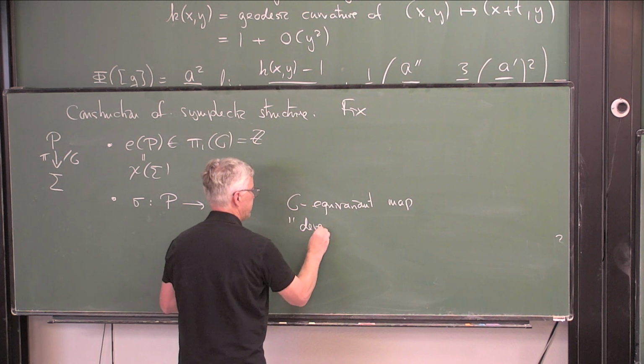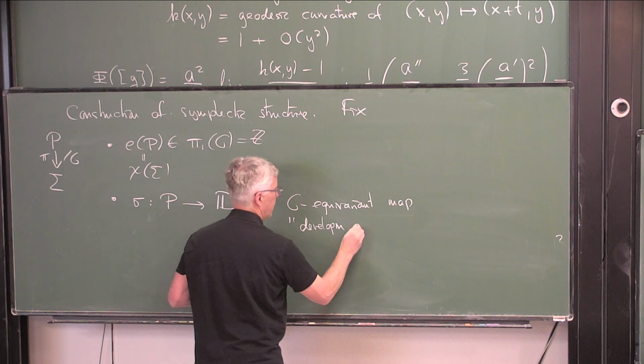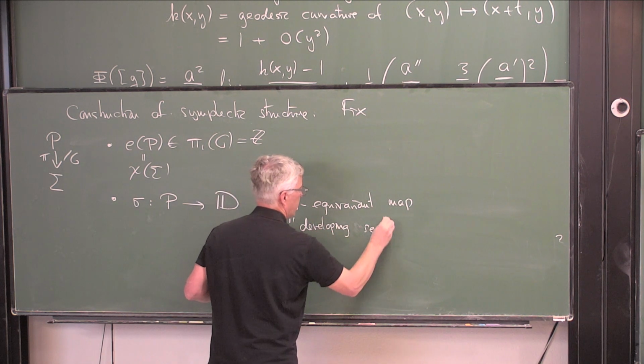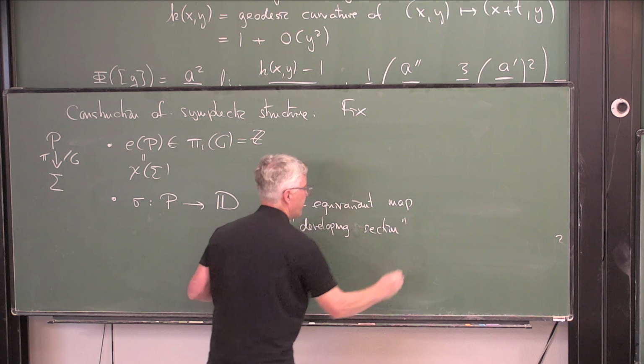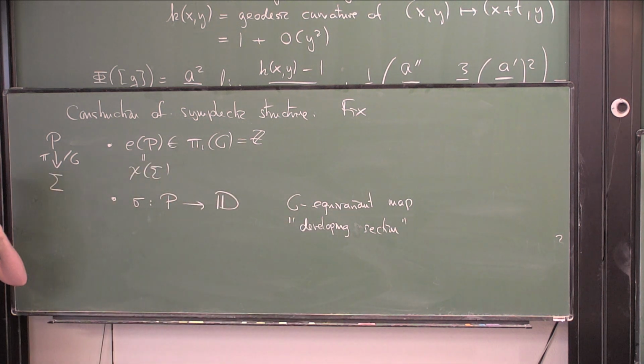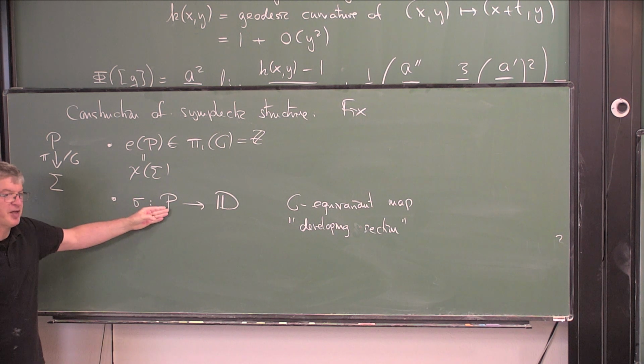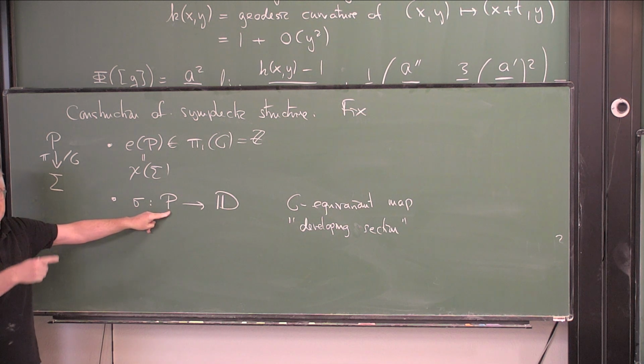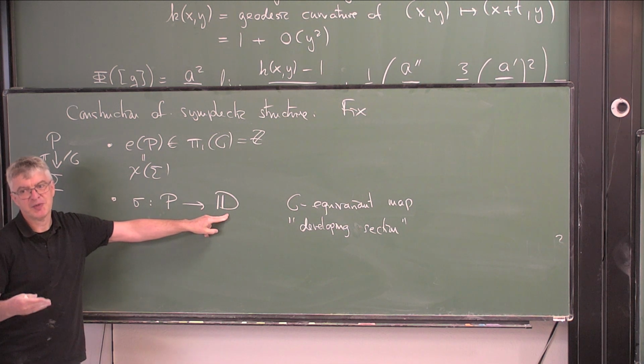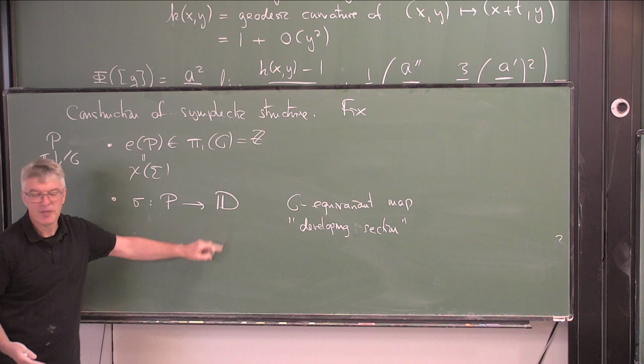A developing section. So there are various ways to look at it. One way is that such a G-covariant map can be viewed as a section of the associated bundle with fiber D, and that's why it's called a section.